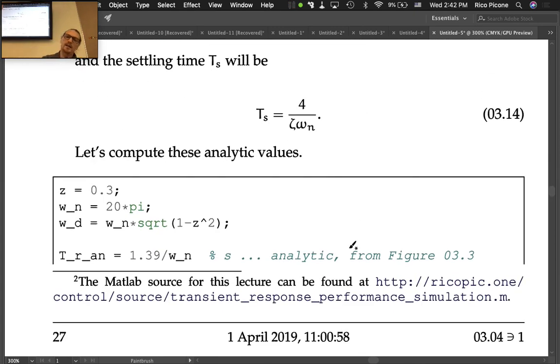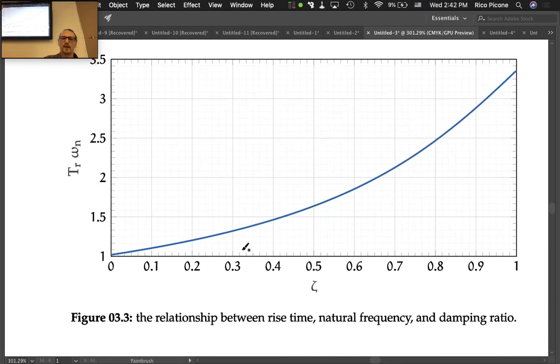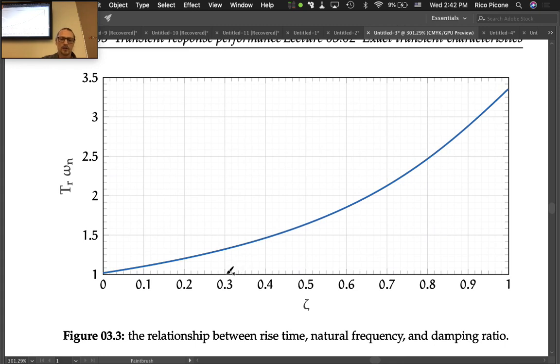So I just define zeta, omega n, the damped natural frequency. I couldn't compute the rise time directly; I had to use the graph. So if I look here, this is figure 3.3. I look up our damping ratio, and it corresponds to a TR omega n of about 1.3.